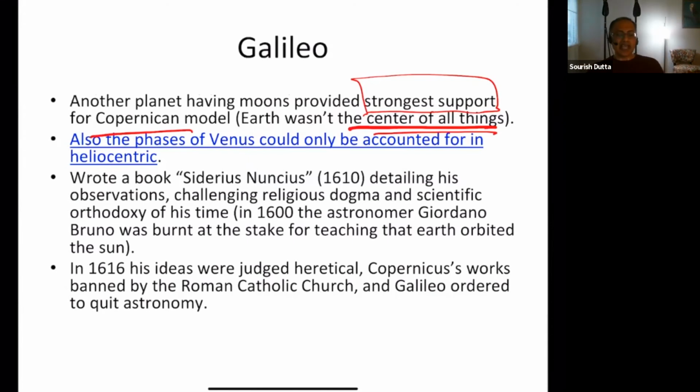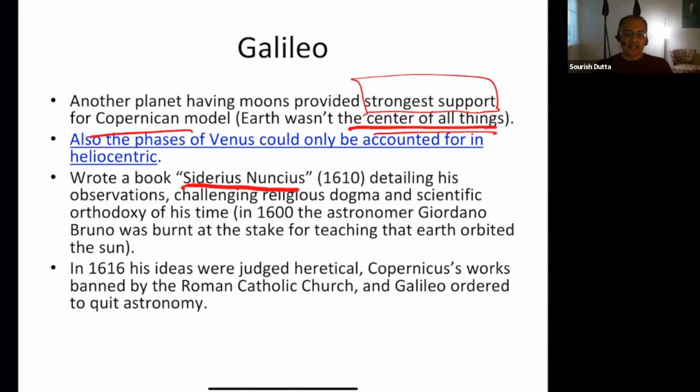So after Galileo saw all this, he wrote this little book called Sidereus Nuncius. Sidereus Nuncius means messenger from the stars, in which he detailed all his observations, and that book obviously challenged the religious dogma and the orthodoxy in his time.